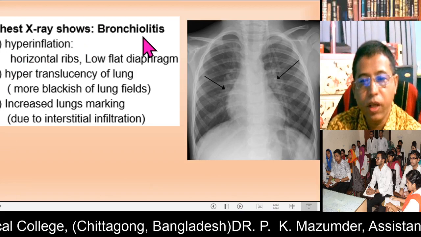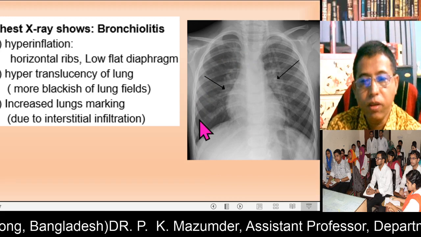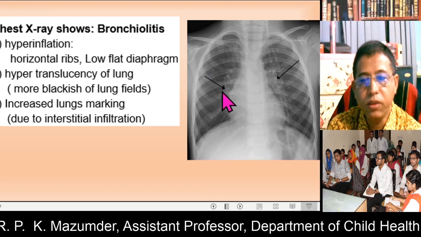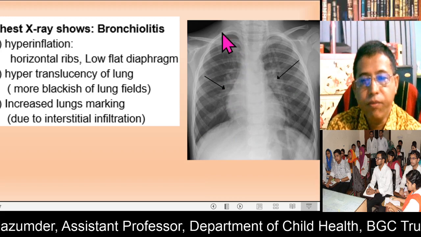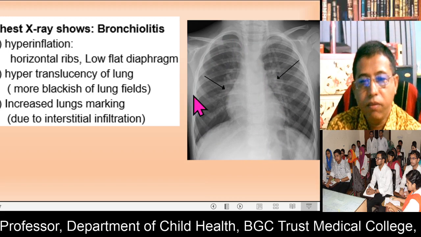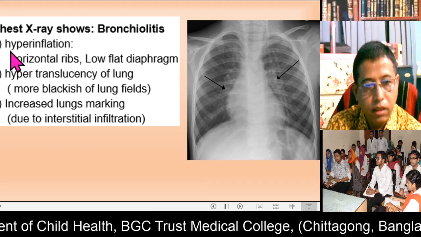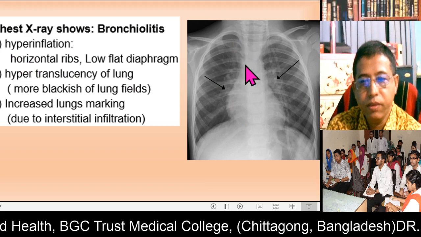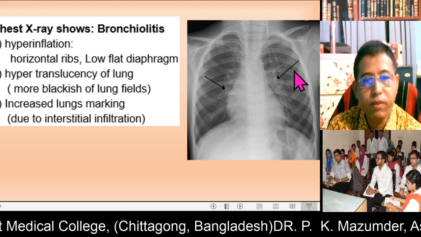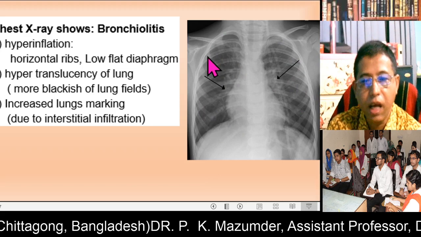This chest X-ray shows bronchiolitis. It is a very common disease in our pediatric age group, usually 2 months to 2 years, and our pediatric ward is most of the time full of patients with bronchiolitis. If you look at this chest X-ray, there is hyperinflation of the chest. How can you understand the hyperinflation?